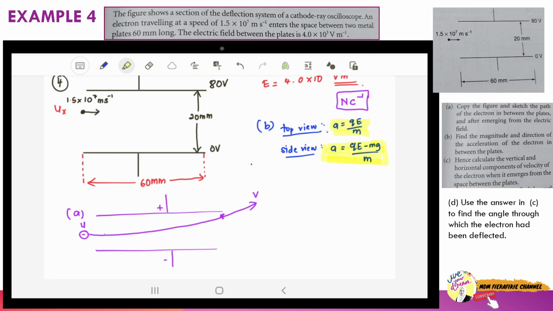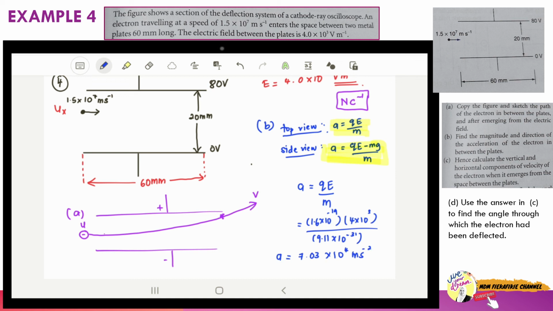Since I consider this as a top view, I want to find the acceleration, which is equal to QE over m. When I substitute all the values, which is 1.6 exponent negative 19, and the electric field is given 4 exponent 3, and the mass of electron is 9.11 exponent negative 31, therefore a is 7.03 times 10 power of 4 meter per second.